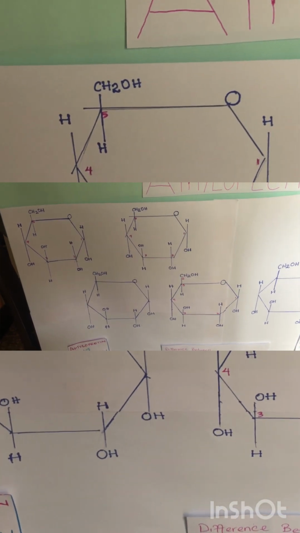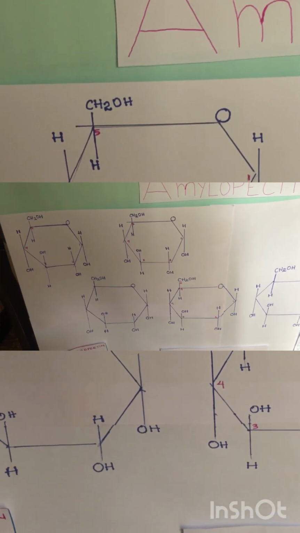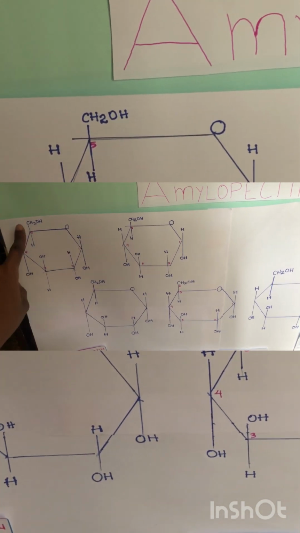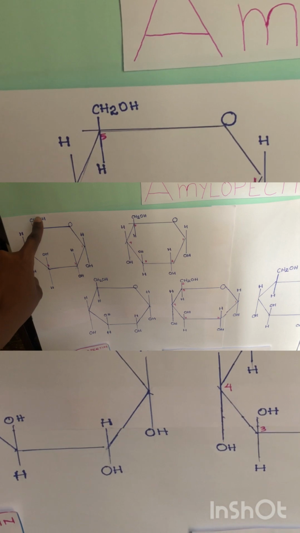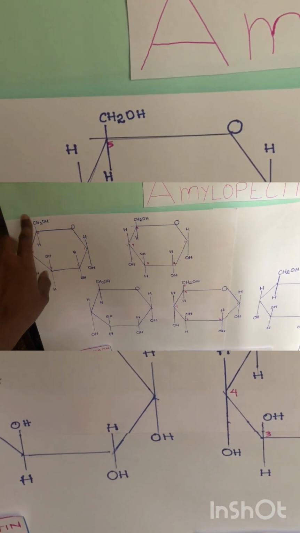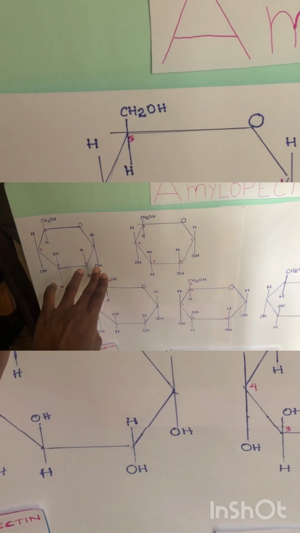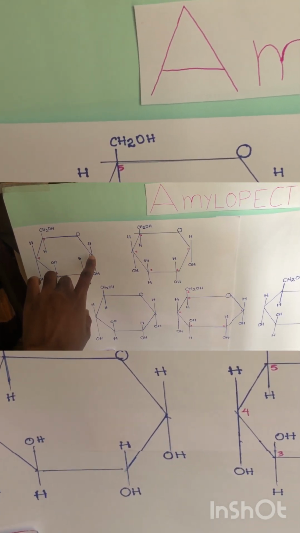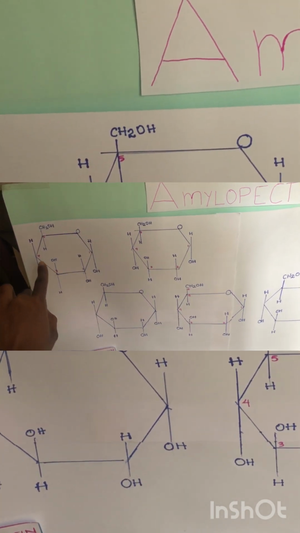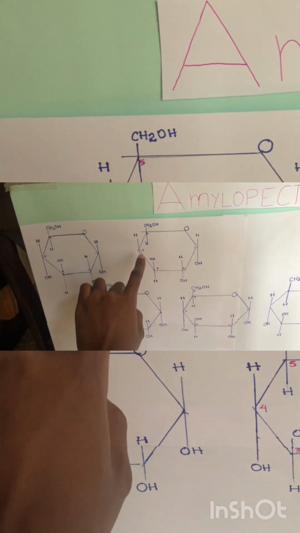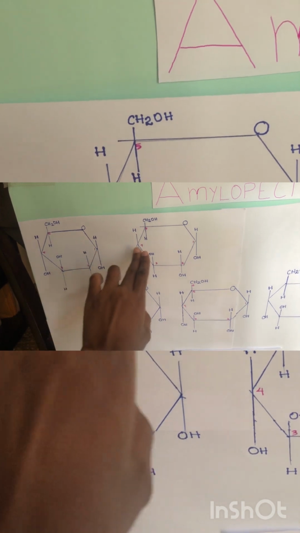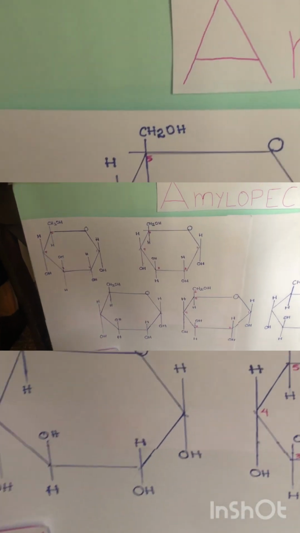So in this demonstration, we already see that we have the OH to the bottom and we have the CH2OH at the top. So we already know that this is an alpha, right? I've already labeled all the carbons, and we have carbon 1, 2, 3, 4, 5, and 6. We have carbon 4 on this side. I've already lined them up in order for us to get our 1 to 4 linkage.